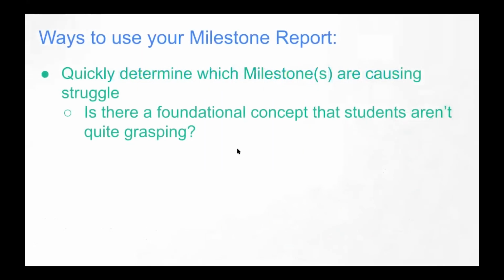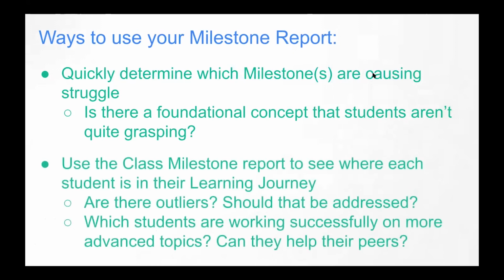To recap, there are a few ways to use your milestone report. You can use it to quickly determine which specific milestones are causing struggle. You can use this to identify whether there is a foundational concept that students aren't quite grasping, maybe something back in 4th grade measurement and data.